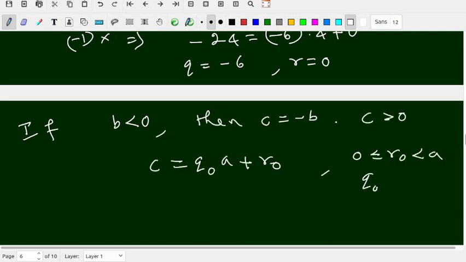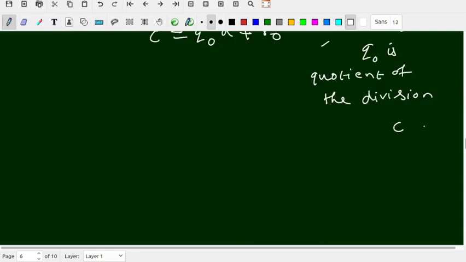Q naught is the quotient, not in the division of b and a, but the quotient of c and a. But we need the quotient while dividing b by a.